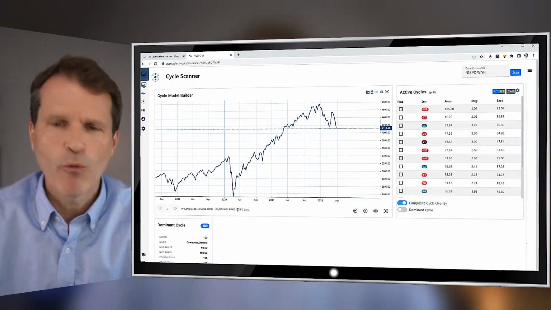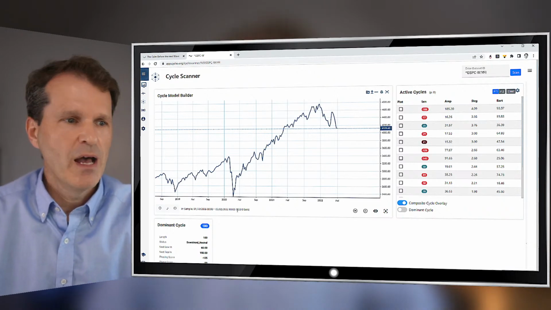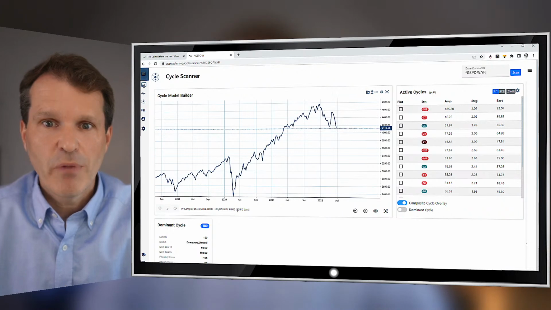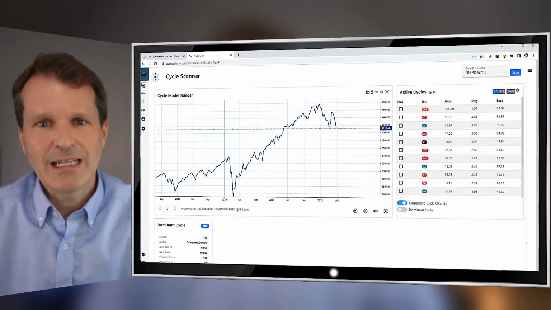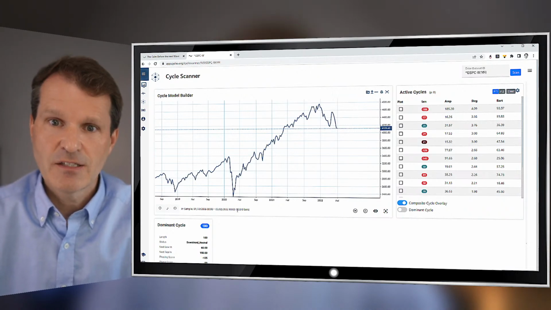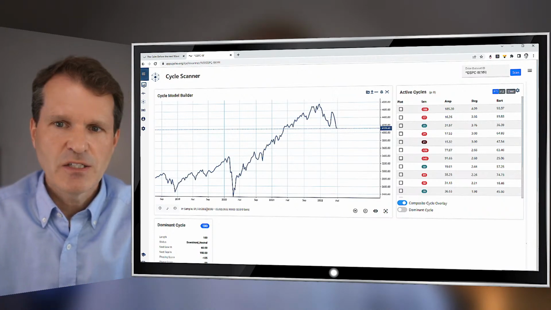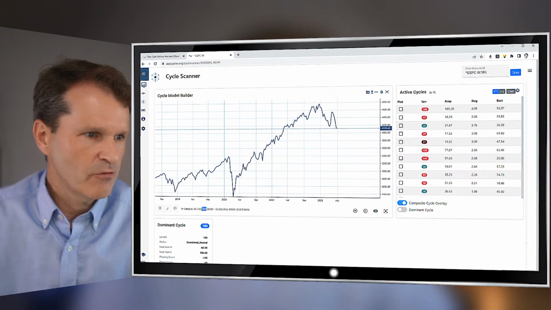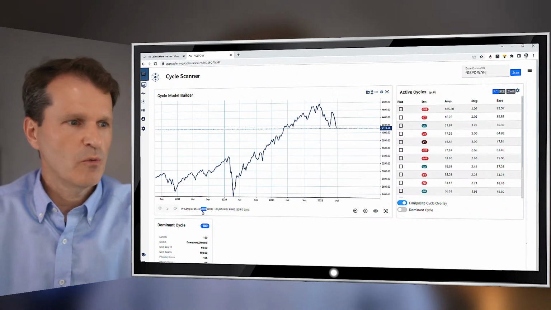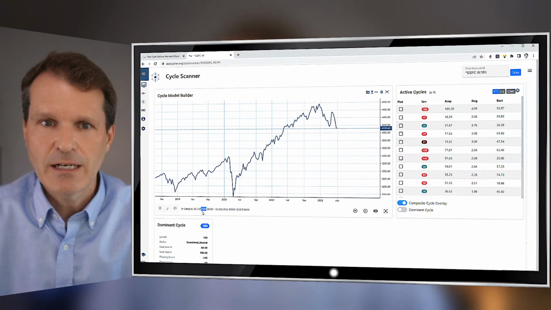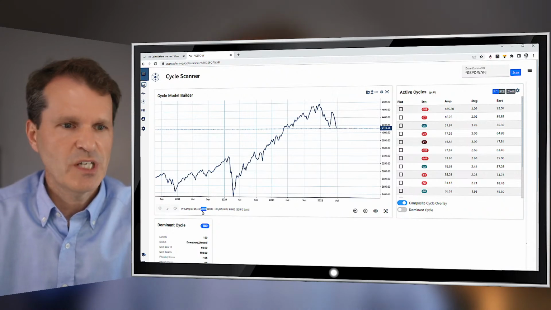I would recommend using around 1,000 data points or bars in the time frame you're analyzing for your current cycle analysis if you're doing projections. So for weekly data, this means we will go back until the year 2006. We will use around 15 years of weekly data for our digital signal processing.